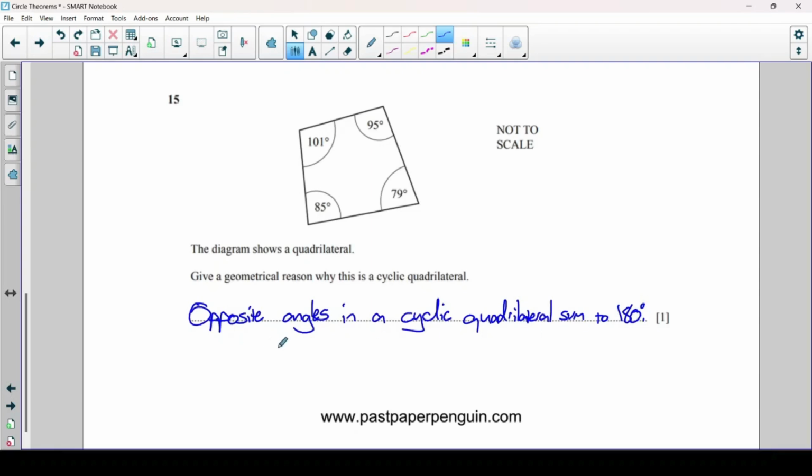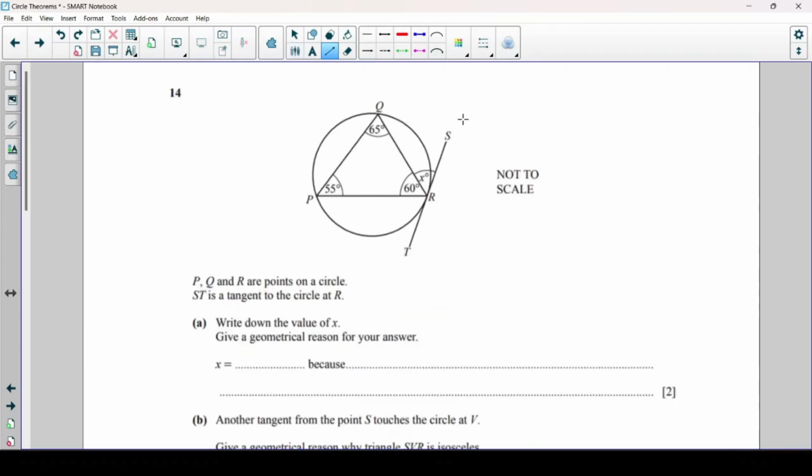If I really wanted to be thorough, I could then write, look, 101 add 79 equals 180, so it works for that pair, and 85 add 95 again makes 180, so it works for that pair as well. Job done.